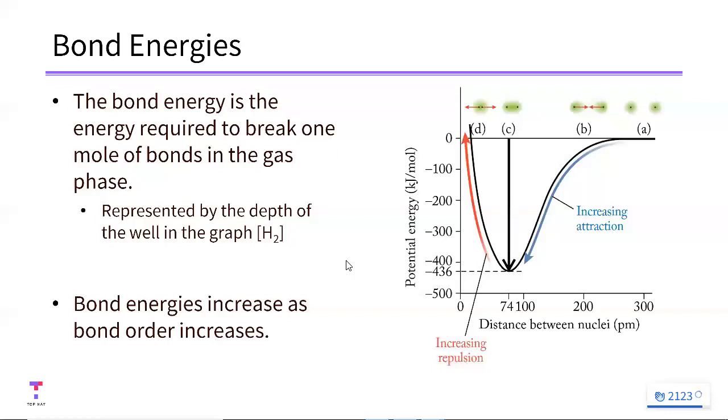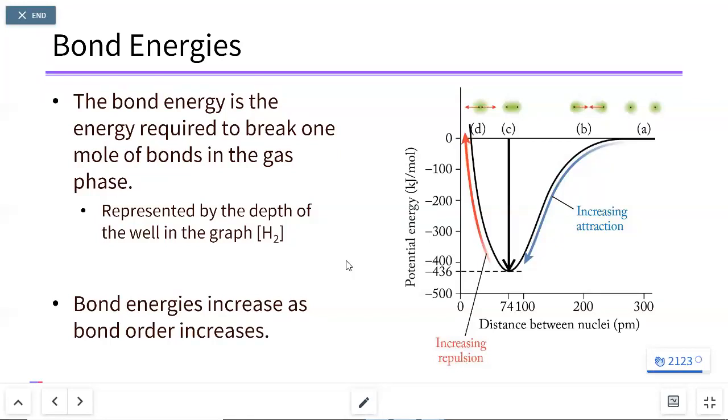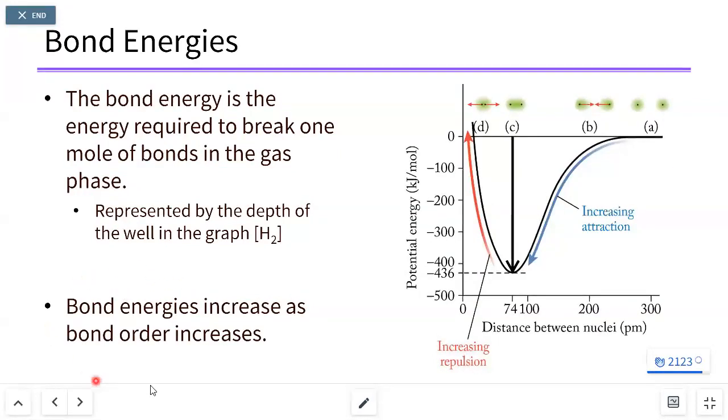So at the fixed distance, that bond length, there is a certain amount of energy that is the maximum energy possible for those 2 atoms. What's important for us to know, not so much this graphical part, but this overall idea down here: as bond order increases, so does bond energy.